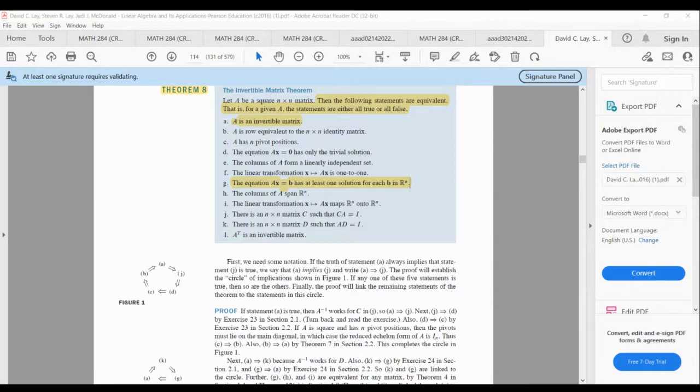It says if A is an invertible matrix, then the equation AX equals B has at least one solution for every vector B in Rn. Let's see if we can prove that real quick.